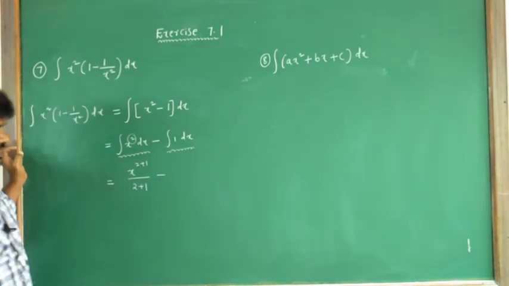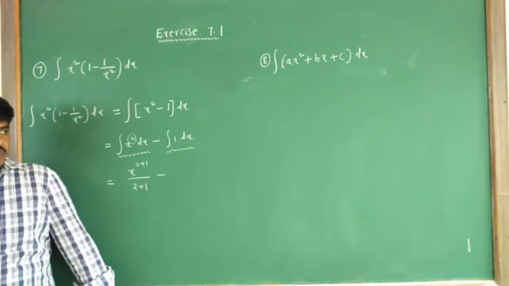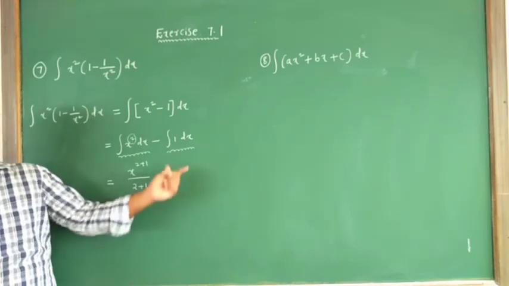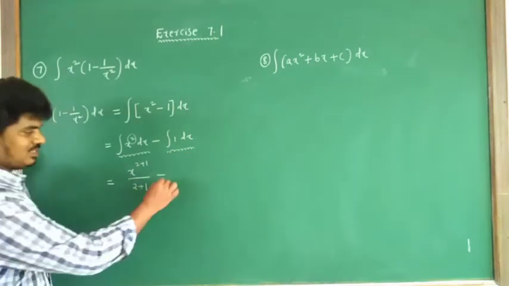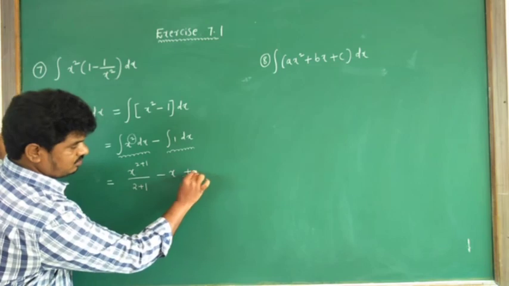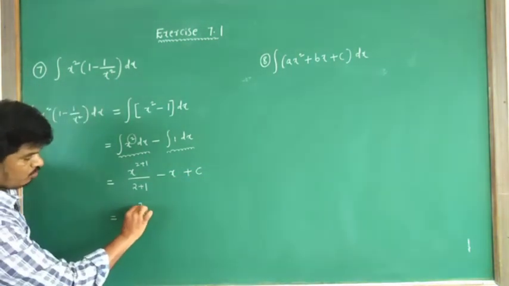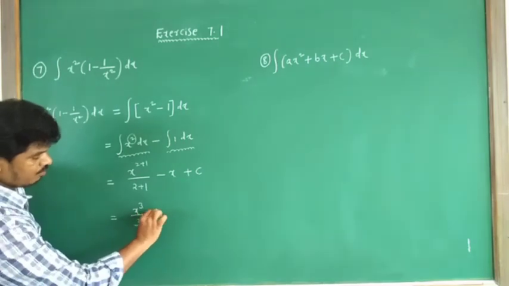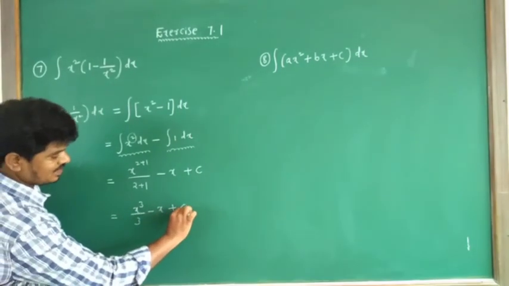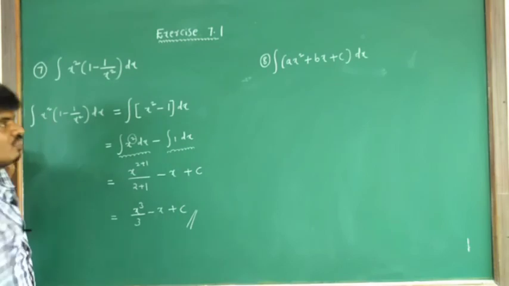In the yesterday class I said that the derivative of x is 1. Here integral of 1 is x plus arbitrary constant. This is equal to x cube divided by 3 minus x plus c. It is the answer.